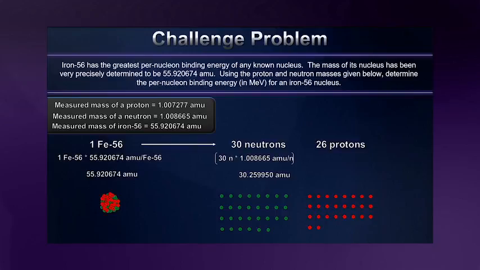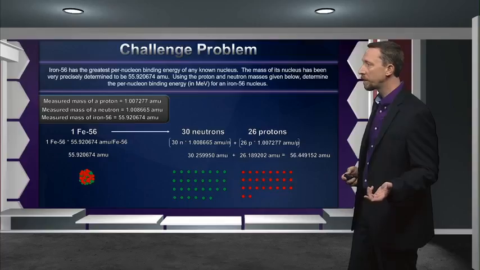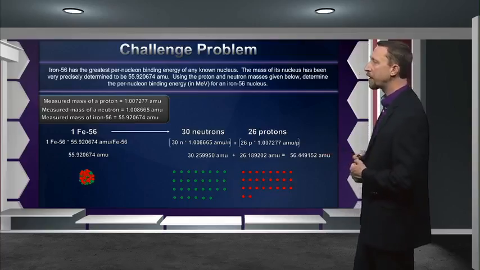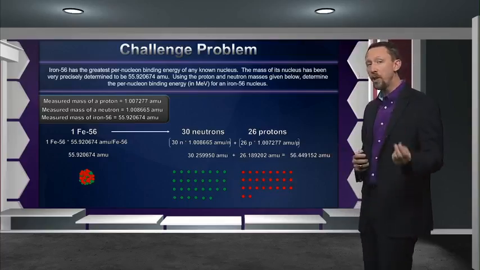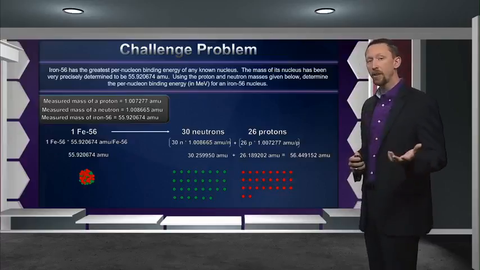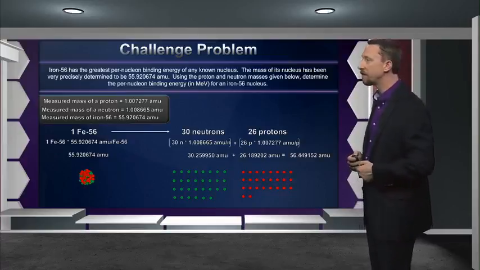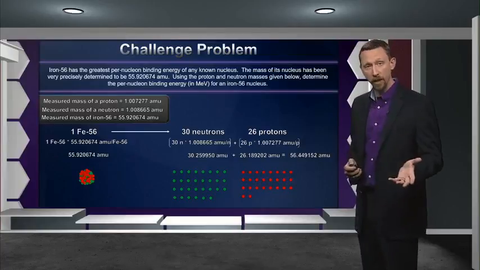My 26 protons, I can calculate the mass that I would get from those 26 isolated protons. Here it is, 26.189202 atomic mass units. And the summation of these two numbers gives us the total mass of all the constituent nucleons of an iron 56 nucleus. And as you can see, at 56.449152 atomic mass units, it's considerably heavier, considerably more massive than that iron 56 nucleus was.